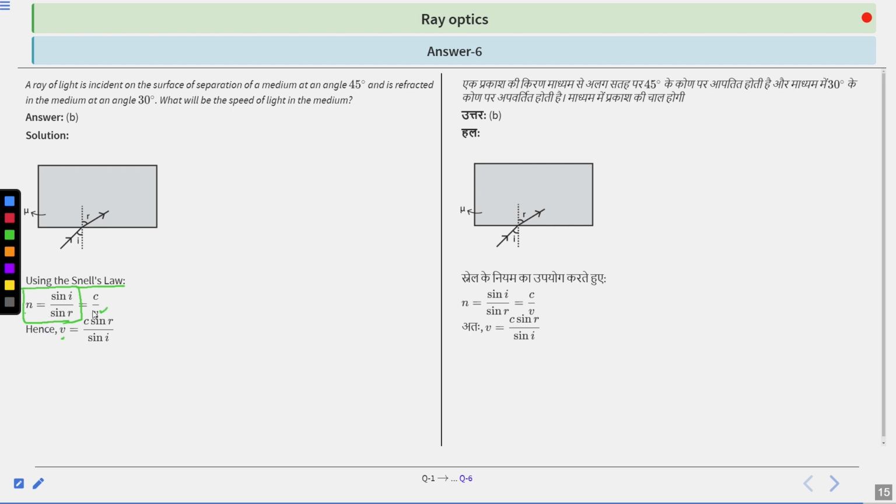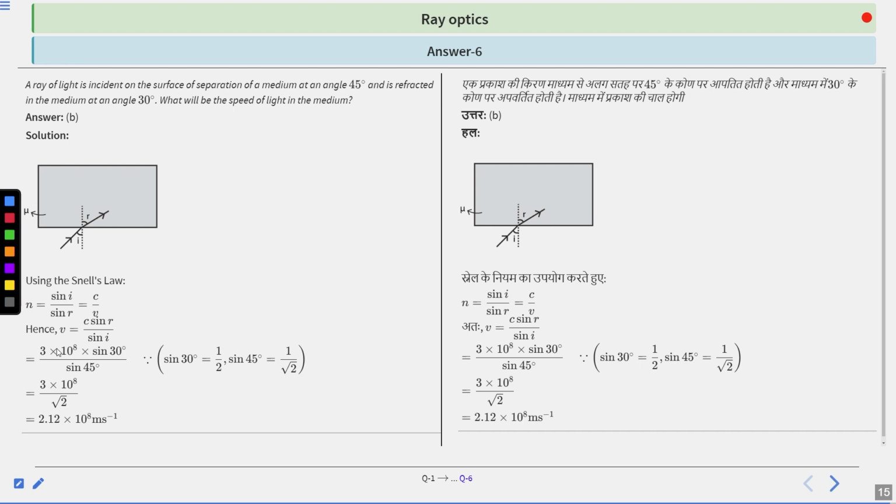This v is the speed of light in the medium, and c is the speed of light in vacuum, which is 3 into 10 raised to the power 8 meter per second. So v is equal to c sine r divided by sine i. Clear? The angles 45 degree and 30 degree are given. Putting these values in this formula, you will get the final answer.